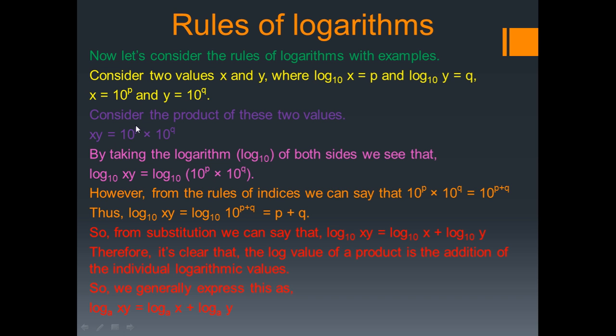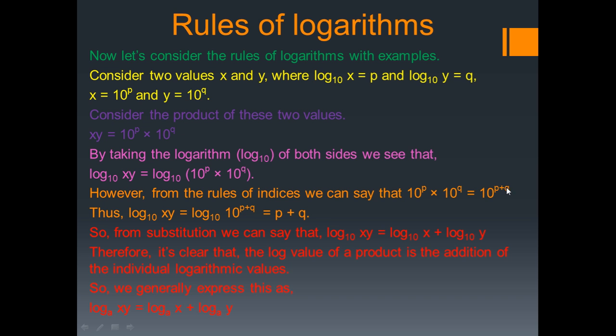However, you know that in 10 to the power p and 10 to the power q, the base is both 10 here, right? Here the base is also 10, here the base is also 10. So you know from the laws of powers that when you multiply two indices whose bases are similar, you can add those. So 10 to the power p times 10 to the power q can be written as 10 to the power p plus q.